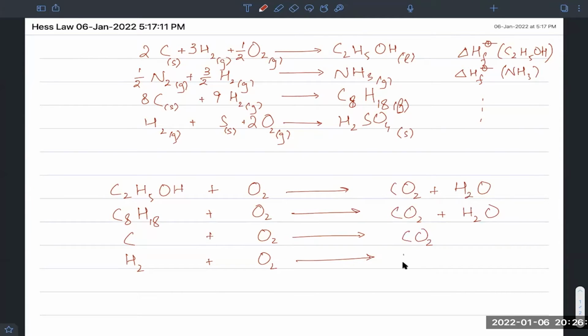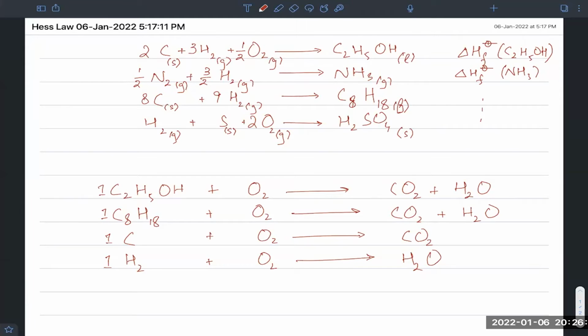And last one will give us H2O. Now here's the thing. We have to consider that we will take only 1 mole of the compound we are burning for it to be a standard equation, which means everything else must come in a way that makes sure there is 1 mole on the left side.